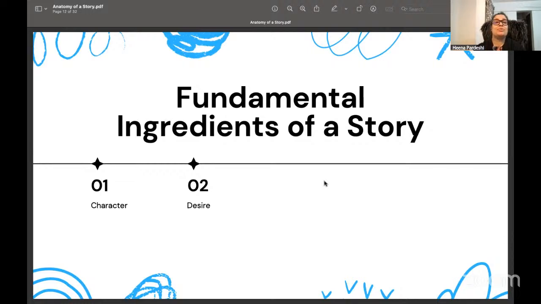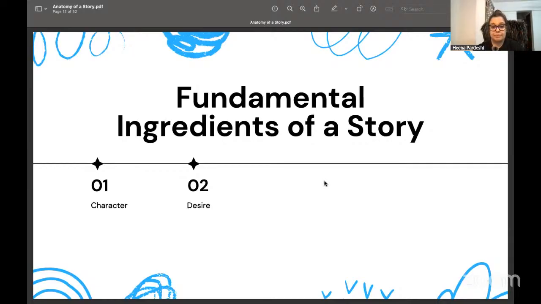So it is extremely, extremely important. Once we have a character, we must know what they want. Desire creates that direction, okay? And it gives the story momentum to go forward. Without a clear desire, the story will drift 100%.